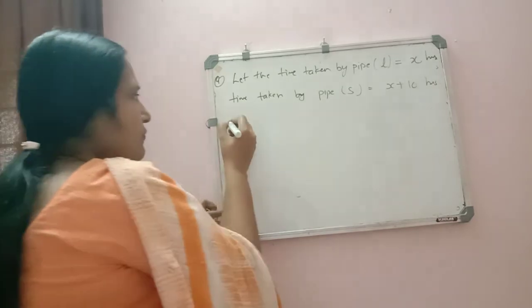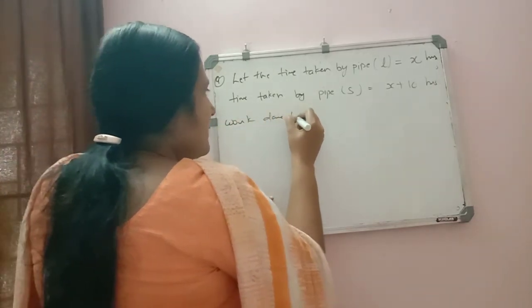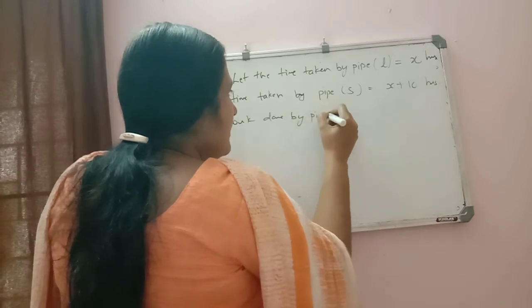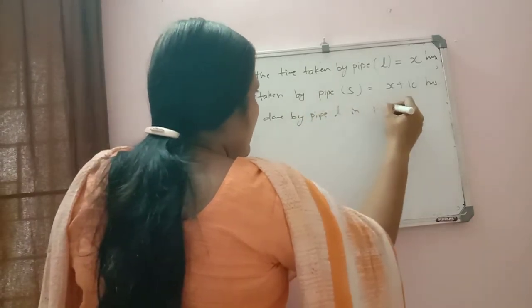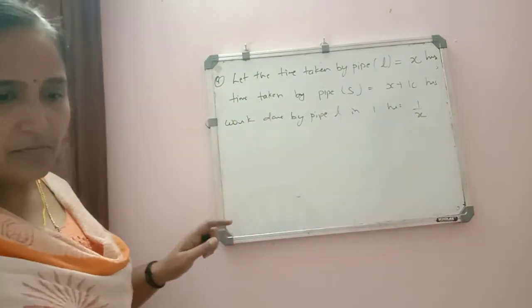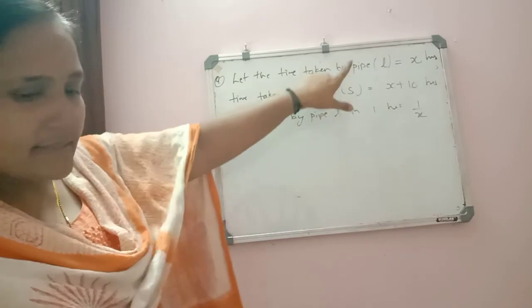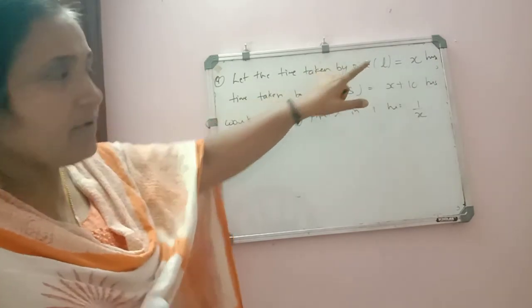Now we will write the work done by pipe L in 1 hour, which is equal to 1 by x. In the question it was given that the pipe of larger diameter is used for 4 hours.